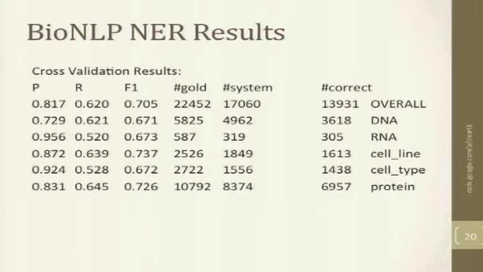And as it happened, using very simple features, for example, 3 tokens to the left and right of the currently classified token, character level n-grams, and part of speech tags, we were able to achieve, using the CRF, very competitive performance to the systems that competed in this actual task. I believe with an F measure of 0.705, this would have been second place. Of course, this task was in 2004, so that's not terribly impressive, but considering that we use extremely simple features, it is interesting.